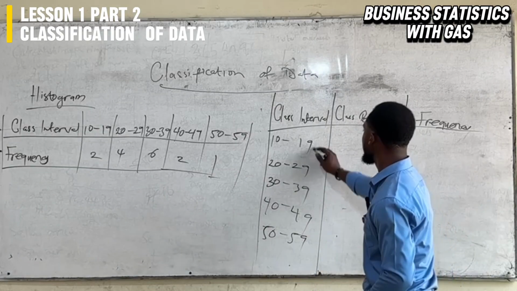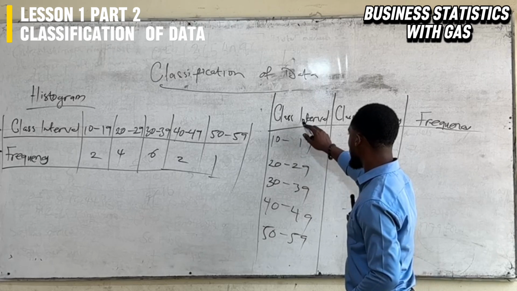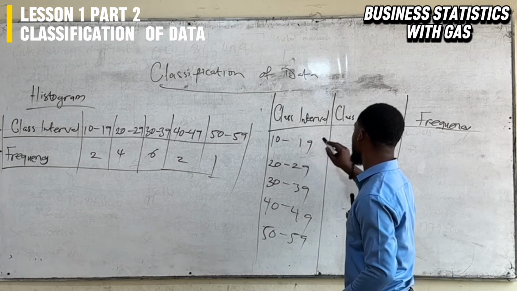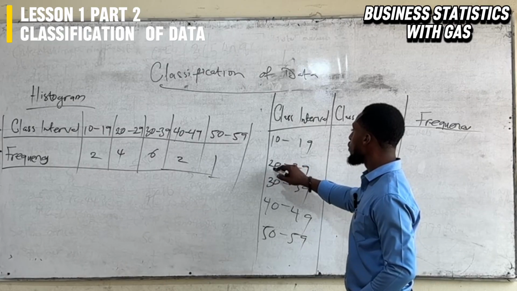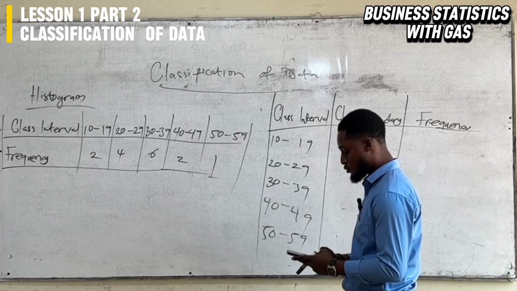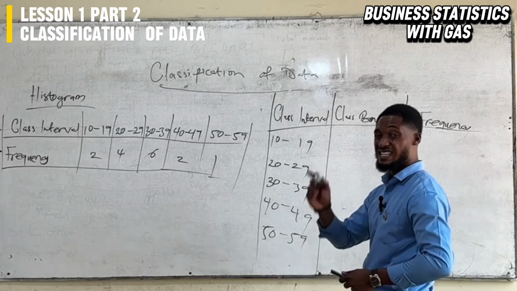You take your first upper class limit, then you subtract this from your second lower class limit. So when we take the 19, we subtract this from 20, and it will be 1. The number you get, you divide that number by 2.